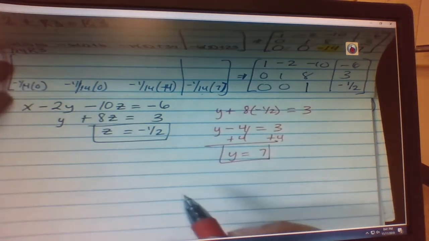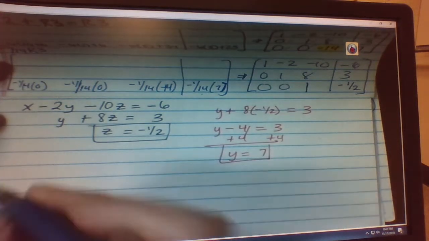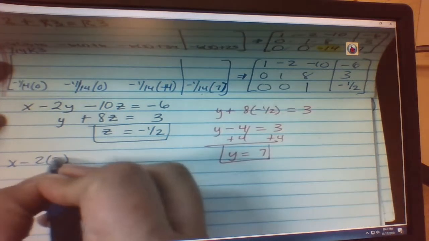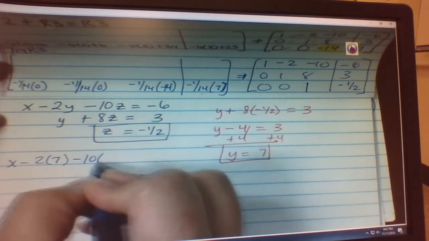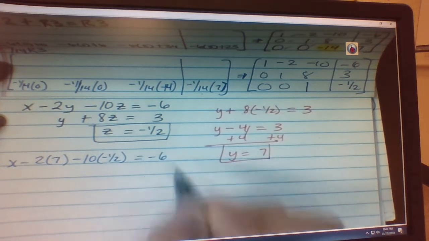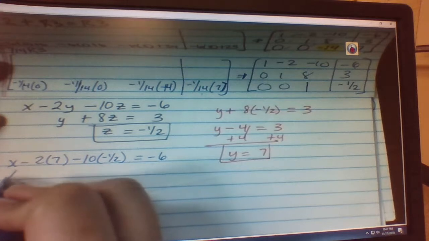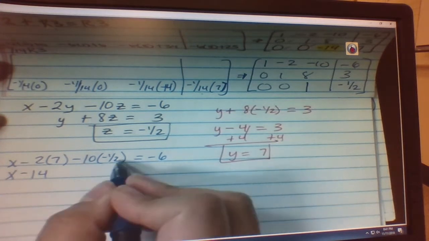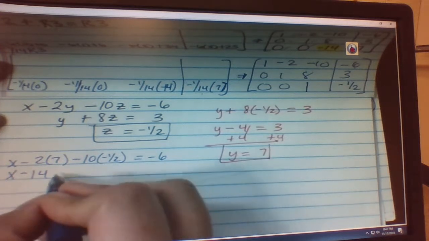And the first one says x minus 2 times y, which is 7, minus 10 times z, which is a negative 1/2, equals a negative 6. What's 2 times 7? 14. What's a negative times a negative? And it's half of 10, plus 5.